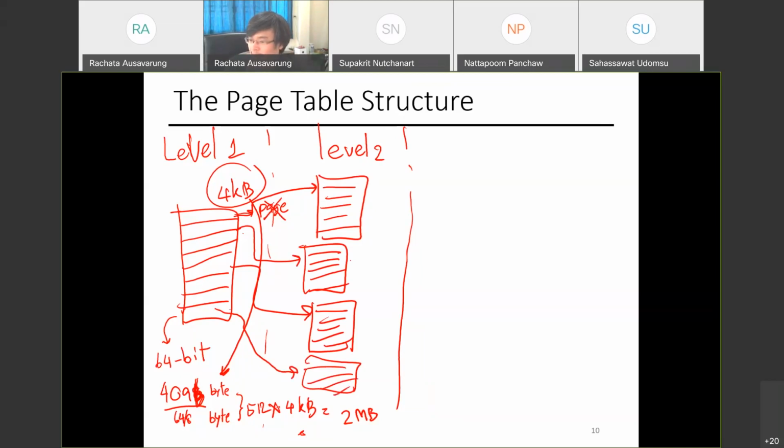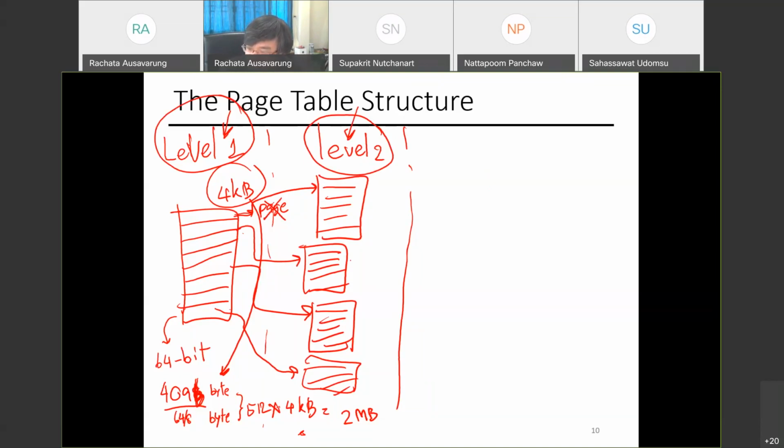So how much memory can I support now? Basically, it's the number of entries over here on level 1, multiplied by the number of entries per table here on level 2, multiplied by 4 kilobytes.